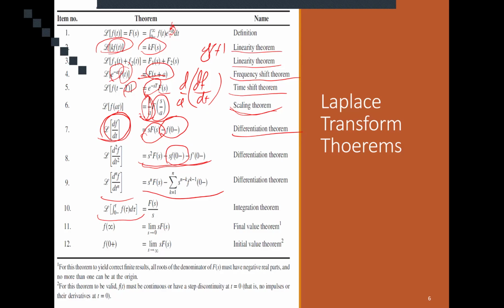And if you have an integral, that means you have to divide the Laplace of f of t by s. Now, look at this part. When you have the integral over another parameter from 0 to t, it is because the whole thing should be a function of t.